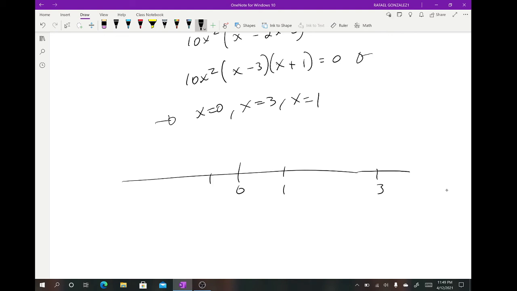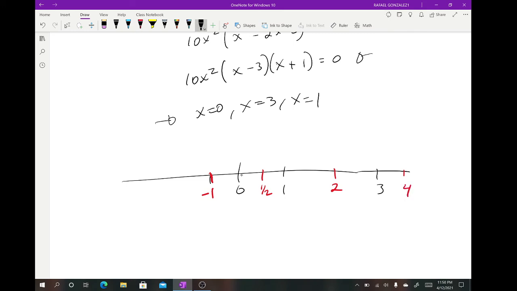So I'm gonna write the test values in red, because that will help me differentiate between the actual critical values. So the first test point I'm gonna pick is -1. The second test point I'm gonna pick is 1/2, and the third test point that I'm gonna pick is 2, and the fourth one, because I need one to the right of 3, is going to be 4.